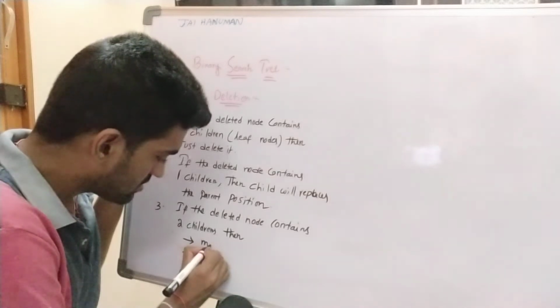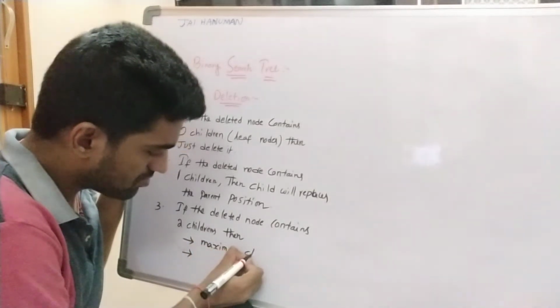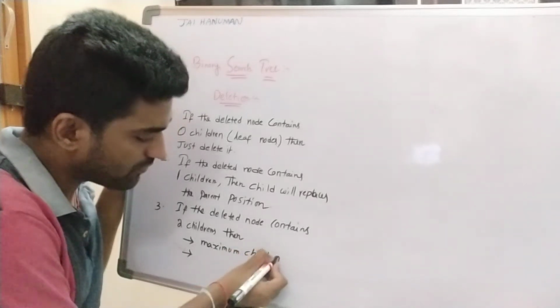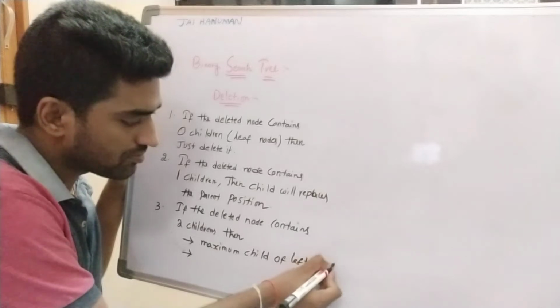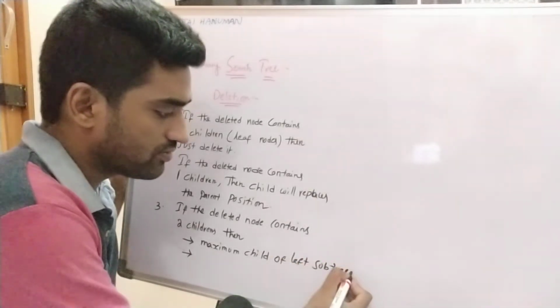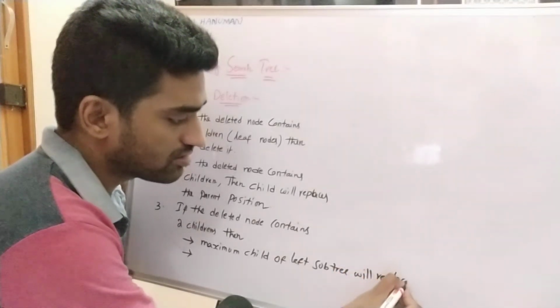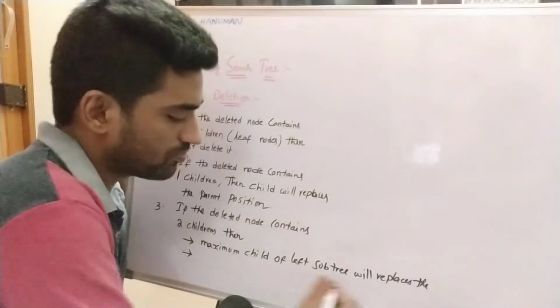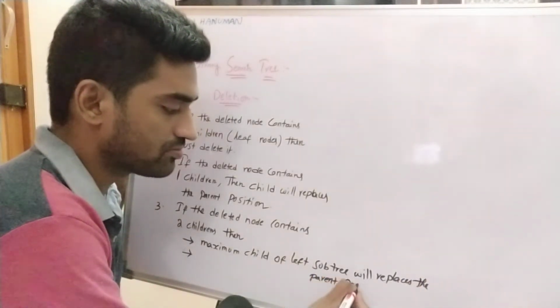First, the maximum child of the left subtree will replace the parent position.